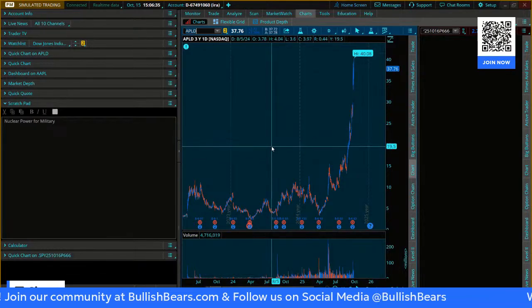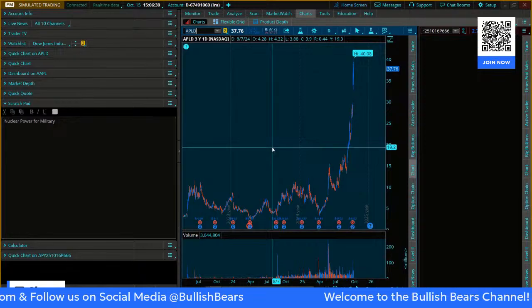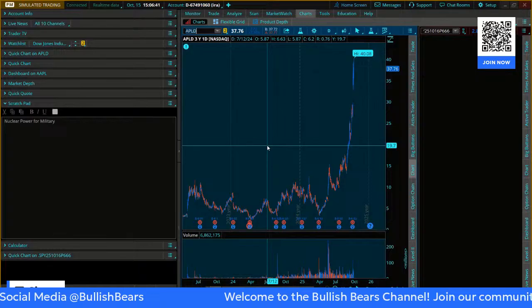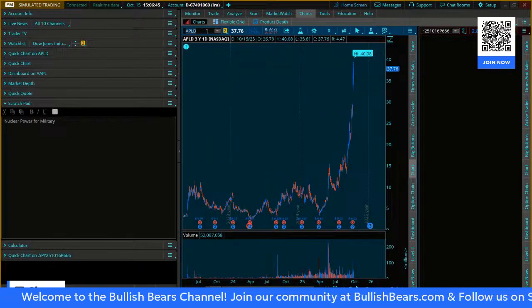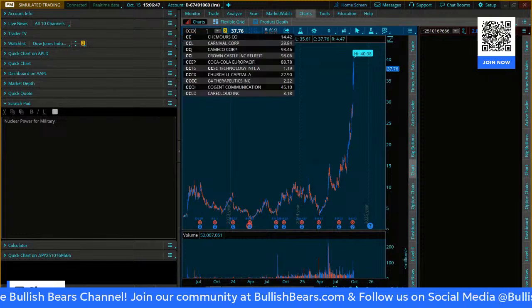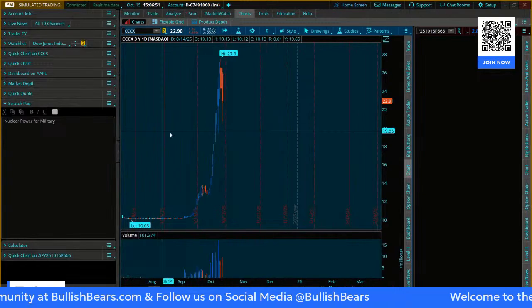Those CRISPRs are coming back in again, like CRSP and that space. They're getting found again. If you're looking for an out of the way quantum, CCCX had a hell of a pullback.